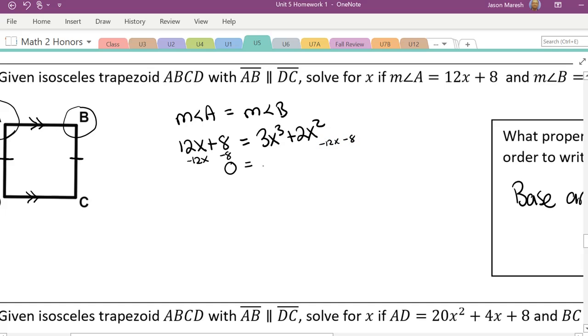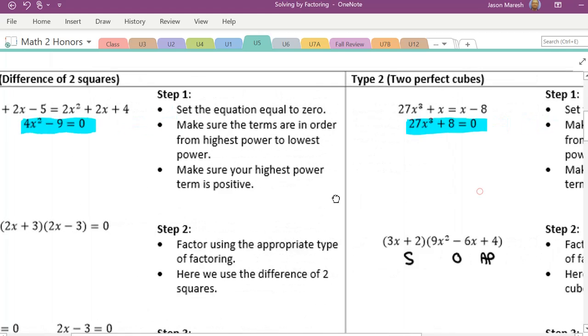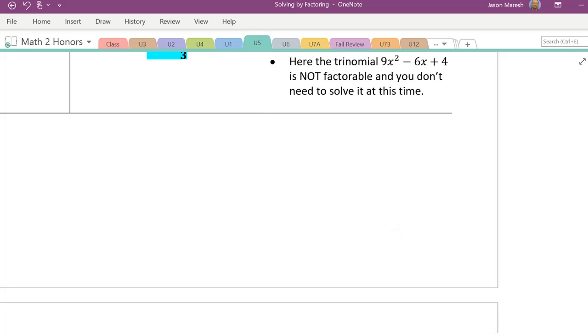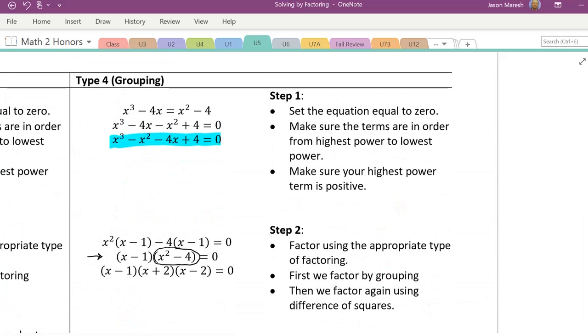And I get 0 is equal to 3x to the third plus 2x squared minus 12x minus 8. I have 4 terms, so I'm going to be factoring by grouping, which again is found in type 4 here.